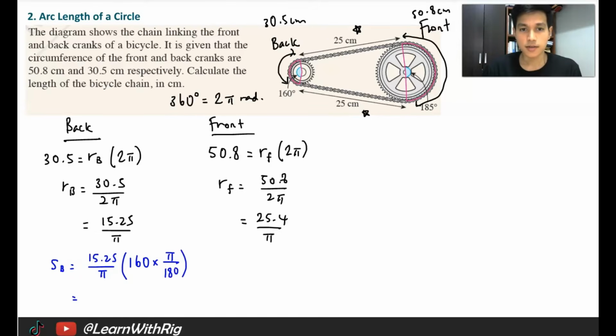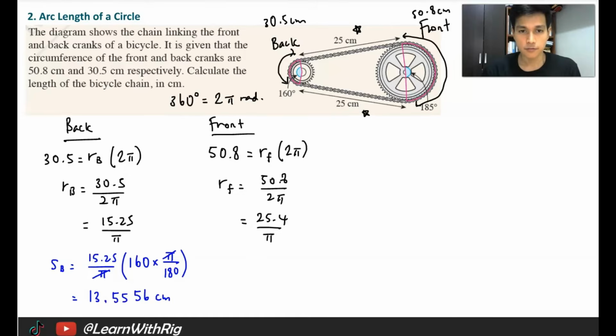What you notice is that here got pi, here got pi, I can cut. It makes it very easy. So I try not to calculate everything at once. I try to make it in the form of pi first, and then you see where you can cut. So when you use your calculator, you should get 13.5556 cm. This is the arc for the back crank.